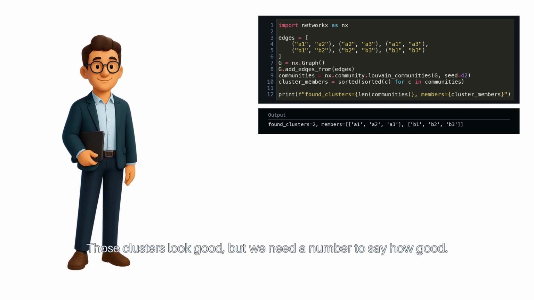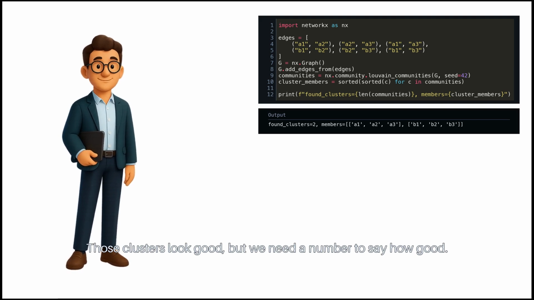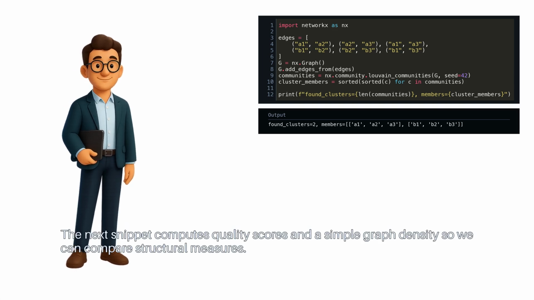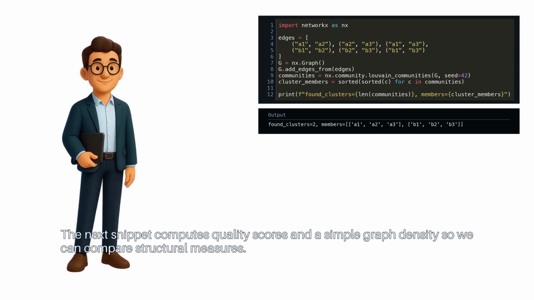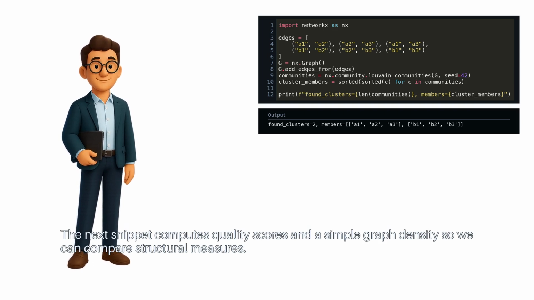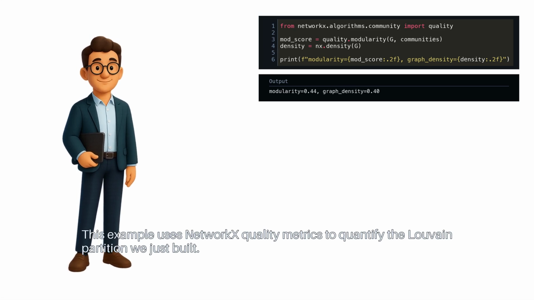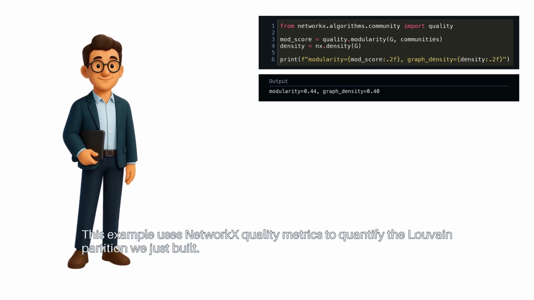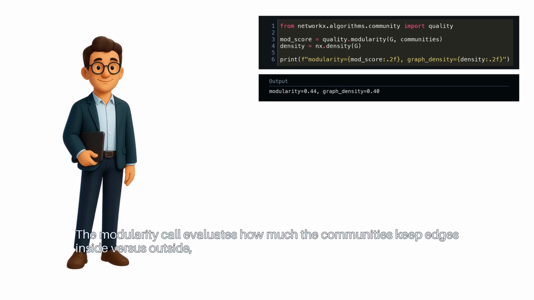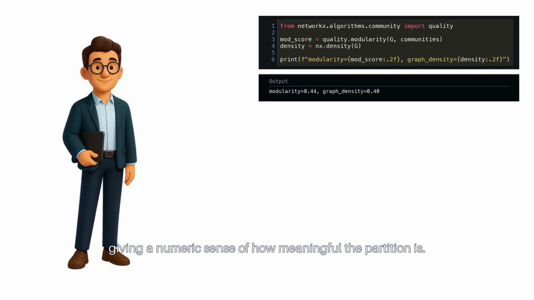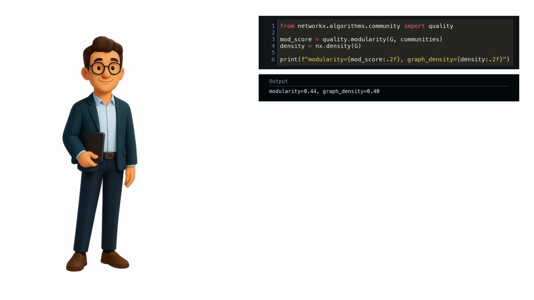Those clusters look good, but we need a number to say how good. The next snippet computes quality scores and a simple graph density so we can compare structural measures. This example uses NetworkX quality metrics to quantify the Louvain partition we just built. The modularity call evaluates how much the communities keep edges inside versus outside, giving a numeric sense of how meaningful the partition is.